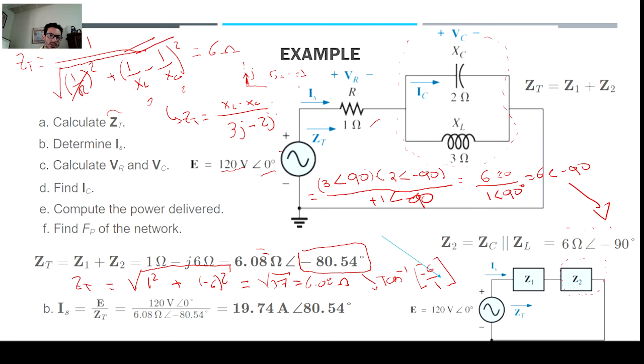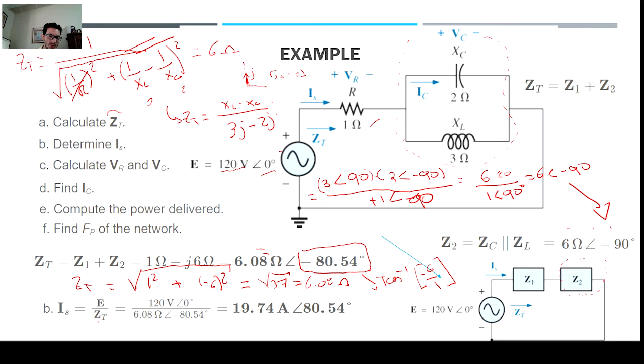Now we want to know the current from the source. Since the Z1 and Z2, or both impedances, are in series, then the current is the same for both elements. Therefore, we can apply Ohm's law for circuits in series for an AC source.